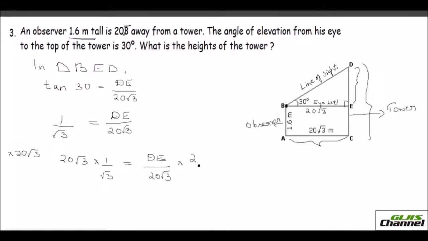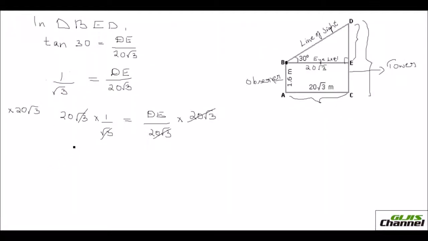On your right, the 20 root 3 and 20 root 3 will get cancelled. On your left, the root 3 and root 3 get cancelled. So you get DE as 20 meters. You've got DE as 20 meters.